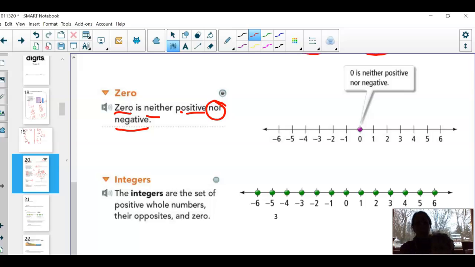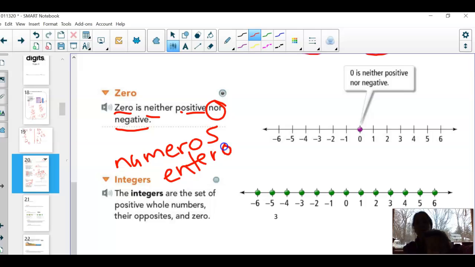The integers, or números enteros, okay, are the set of positive whole numbers, their opposites, and 0. 0, 1, 2, 3, 4, 5, 6, 7, 8.